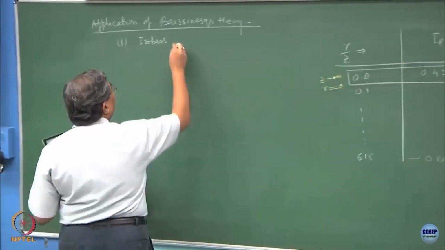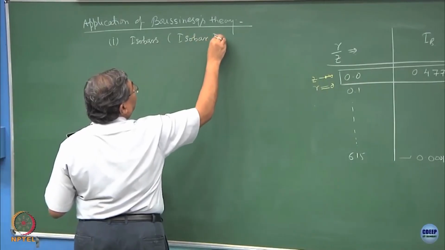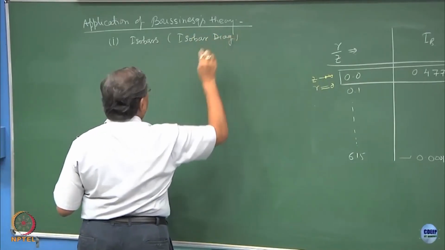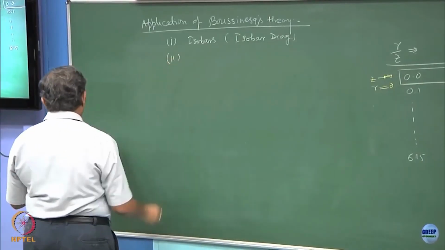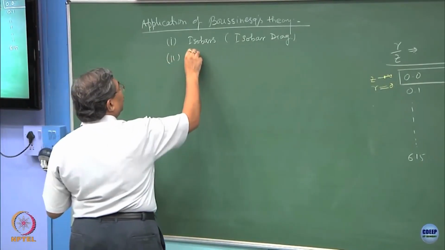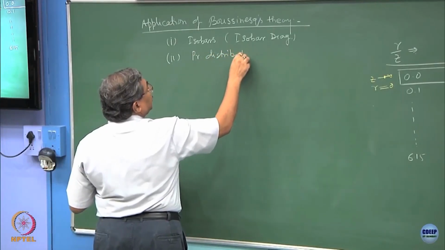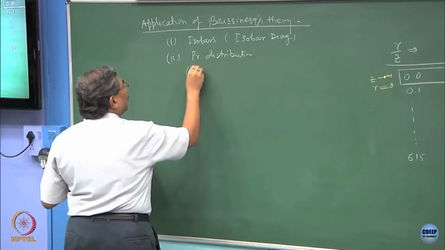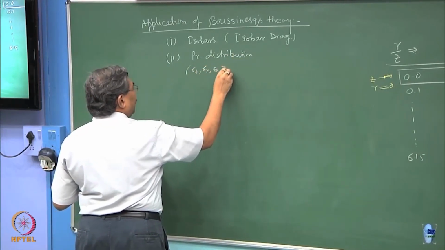We call it an isobar diagram. The second thing is, we want to do the pressure distribution. So, when I say pressure distribution, this is your sigma Z, sigma R, sigma theta, tau Rz.